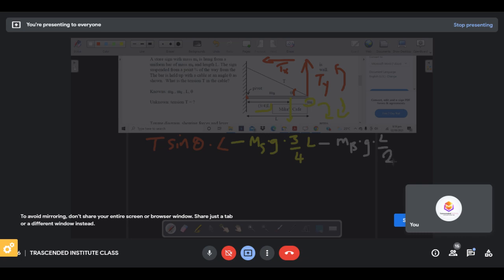This signpost is supposed to be in static equilibrium, so you equate the summation of all these torques to zero. Are we together?